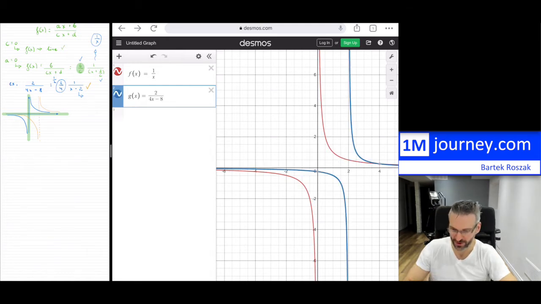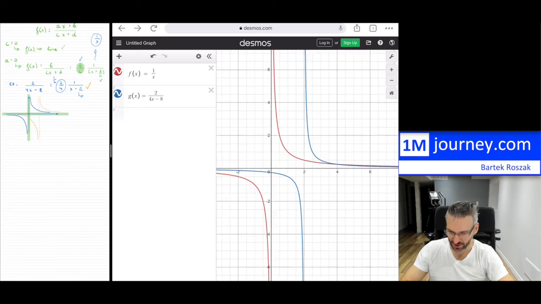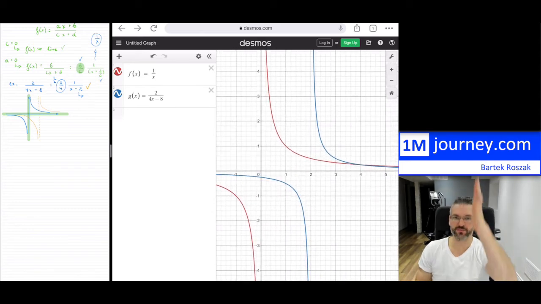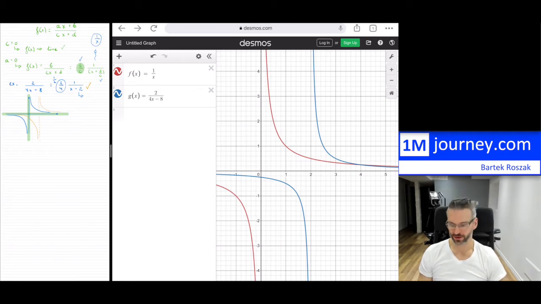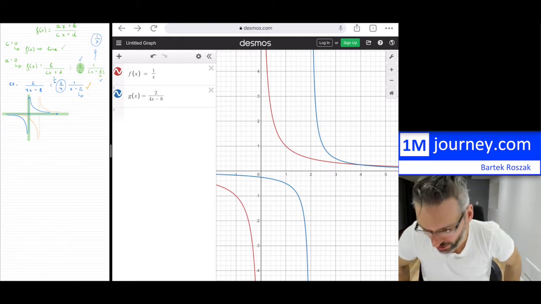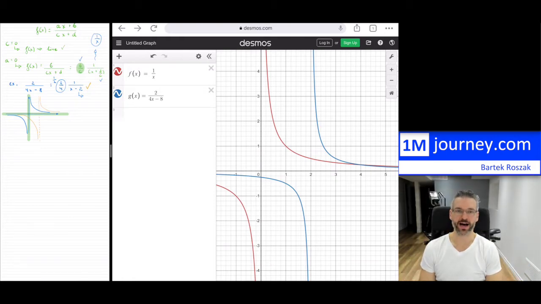Notice that it's the blue one, so it got shifted over. Notice the vertical asymptote right there, and it gets a little bit compressed. So that's what we would have.